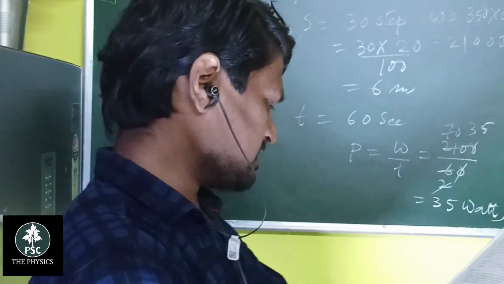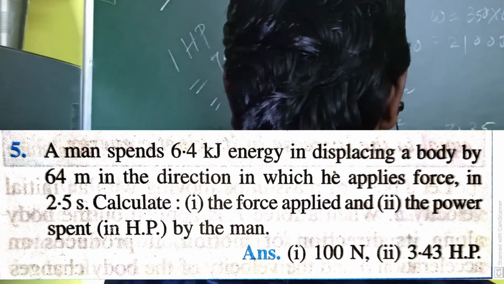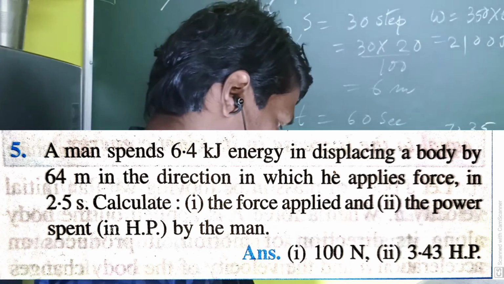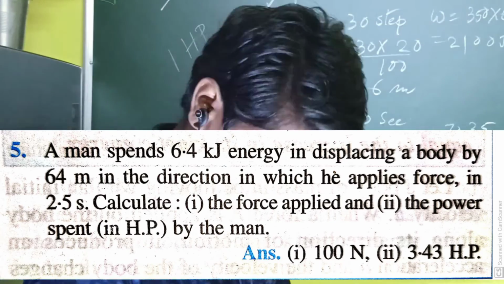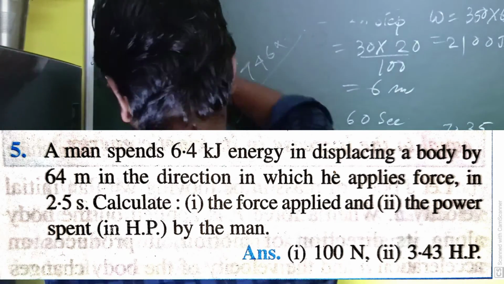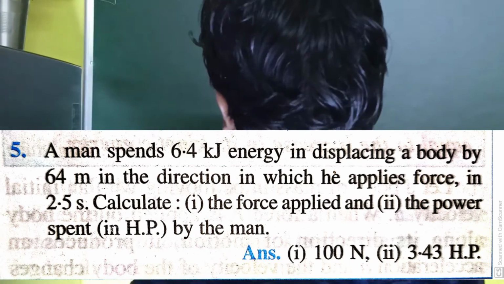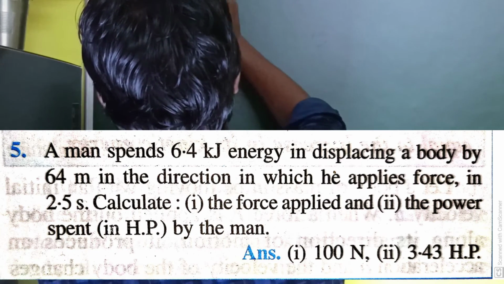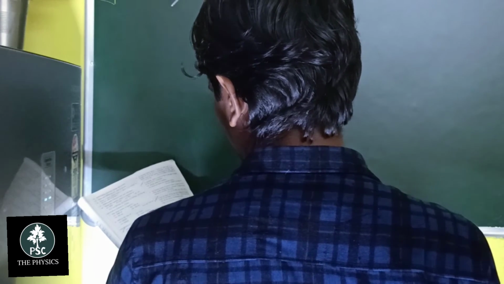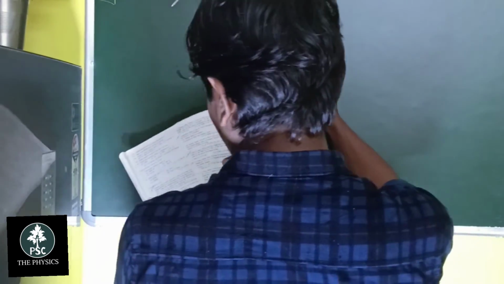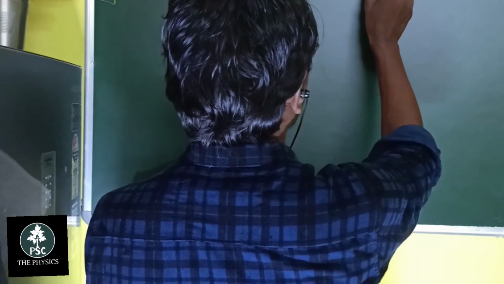The next numerical is, a man spends 6.4 kilojoule energy in displacing a body by 64 meter in the direction in which the force is applied. So this is question number 5. So the work done is given, 6.4 kilojoule.